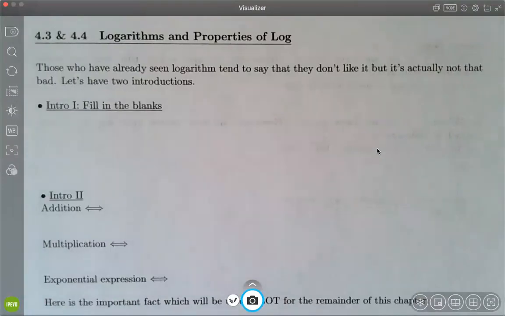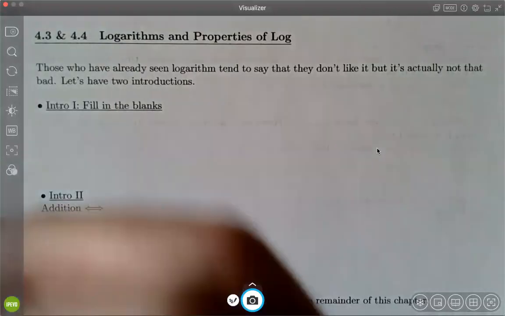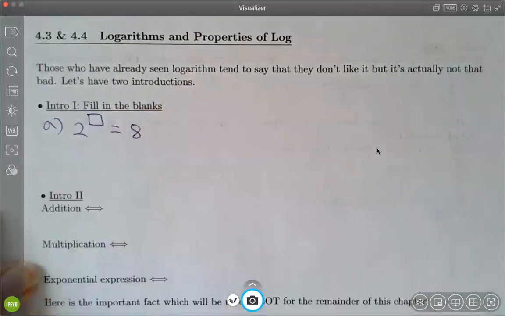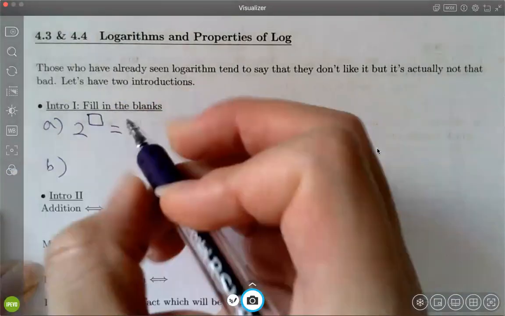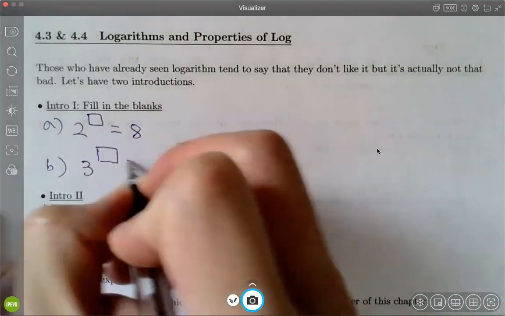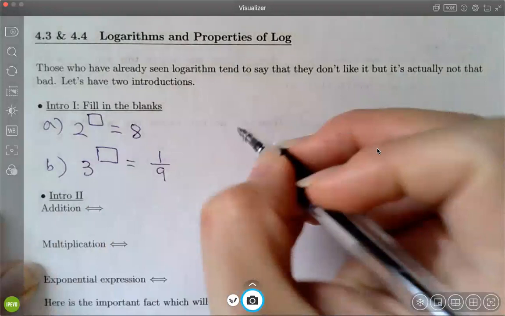Some people who have seen the log typically don't like it, but it's actually not that terrible. So fill in the blanks. Part A. This is part A. And then part B. And then C is this.